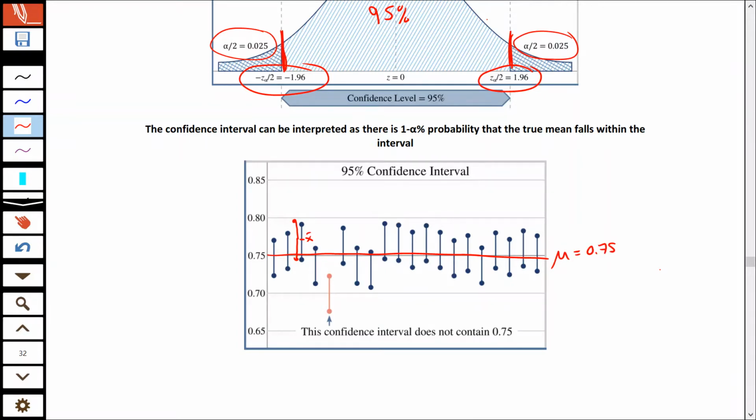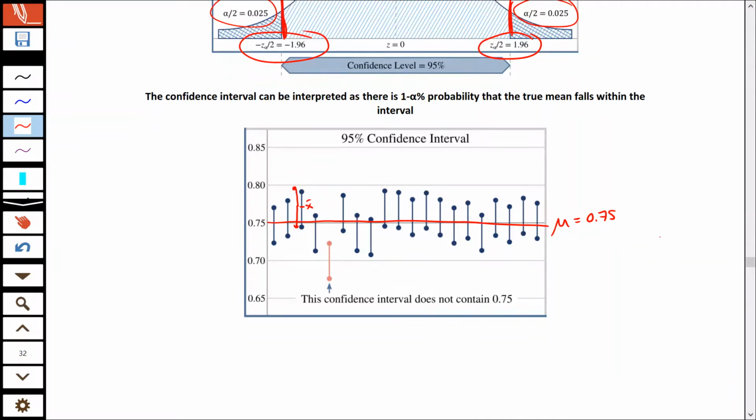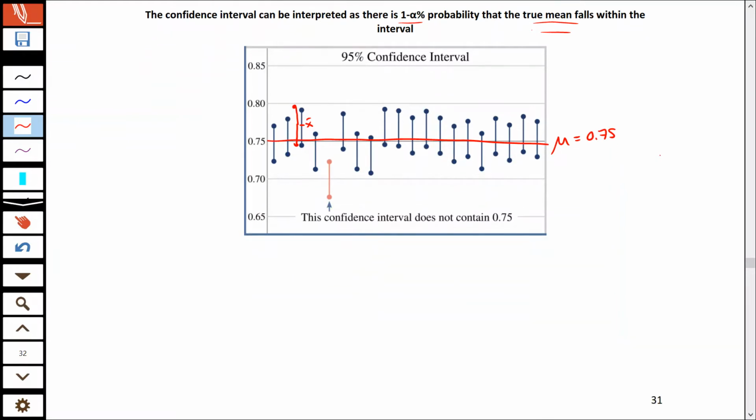A 95% confidence interval means that 95% of the time, there's a 95% probability, or 1 minus alpha probability, that the true mean is in our interval. And that means that there's an alpha percent chance that our interval did not contain the mean.